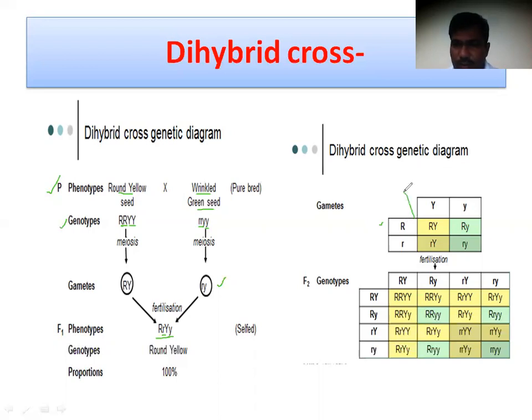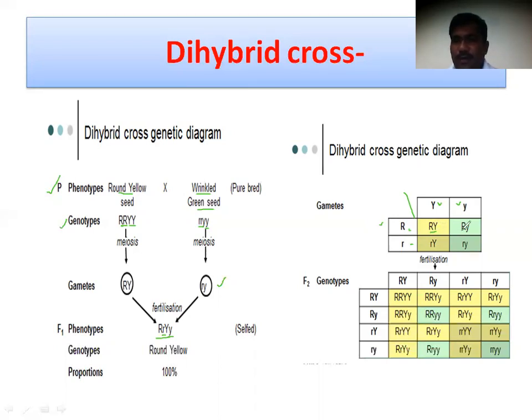you use the checkerboard. So you write the gametes, capital R and small r at one side, and capital Y and small y at the other. Here capital R and capital Y combine to form the first gamete, capital RY.